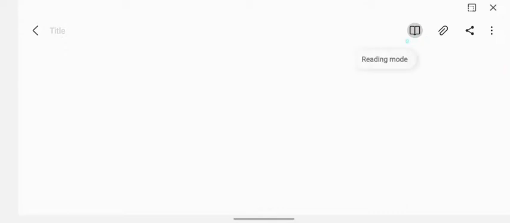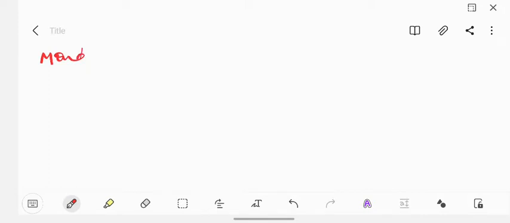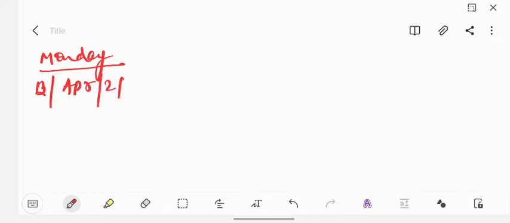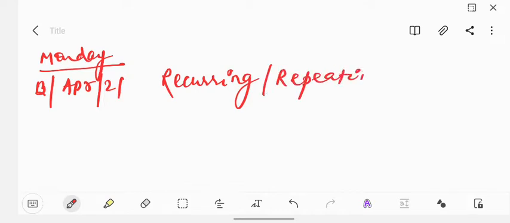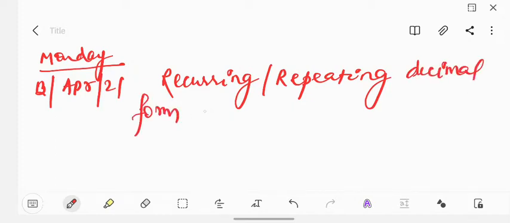Today we'll be learning about recurring, or we call it repeating, decimal form into p by q form.